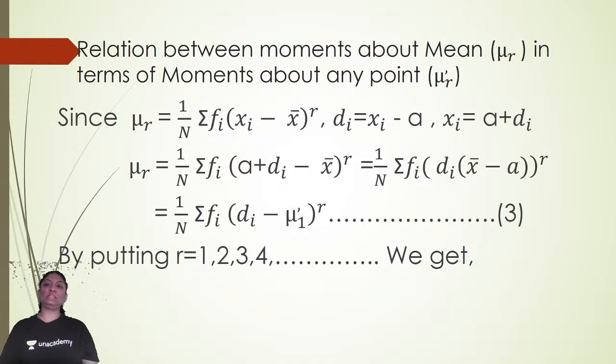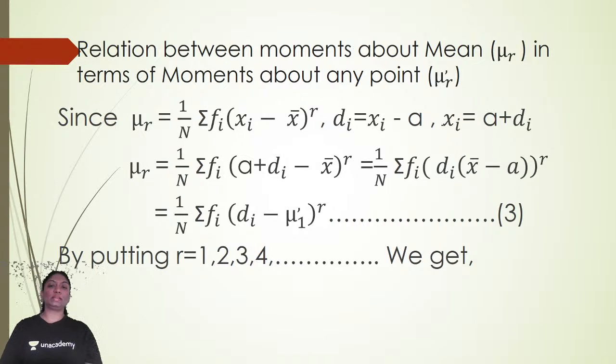Now the relation between the moments about mean, mu r, in terms of moments about any point, mu r dash. Since mu r is equal to 1 upon n summation of fi into xi minus x bar bracket raised to r, and di is equal to xi minus a, so xi is equal to a plus di.